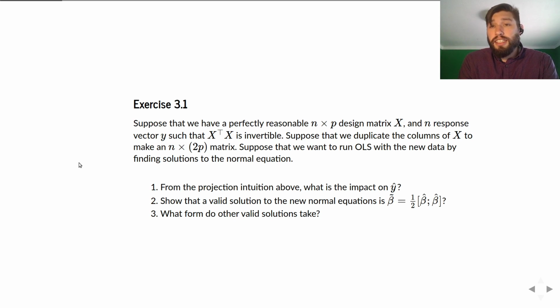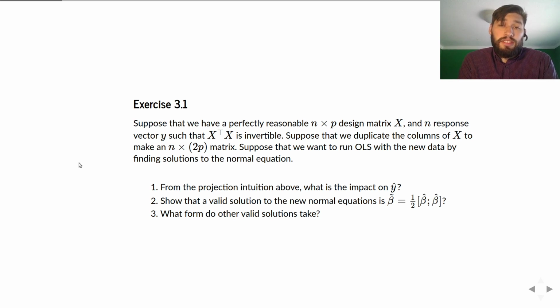It turns out that if you take this new design matrix, which we'll call X tilde, it doesn't have a unique solution. I'll tell you that right off the bat. But you can still think about finding some solution to the normal equation.